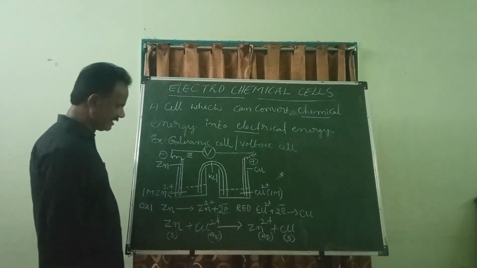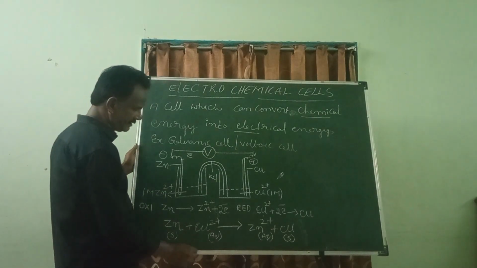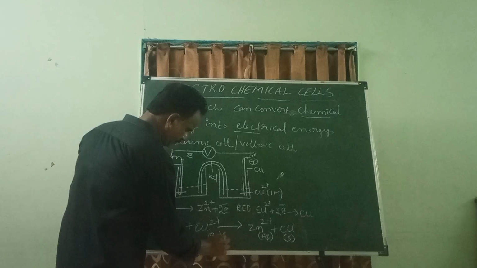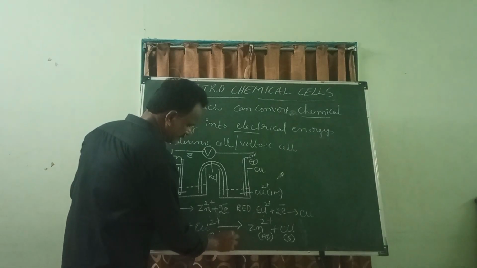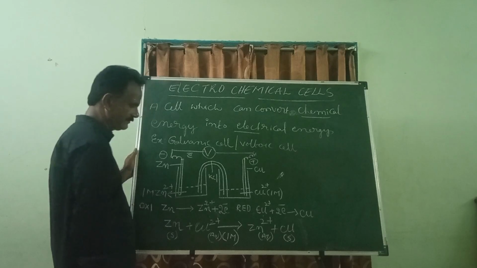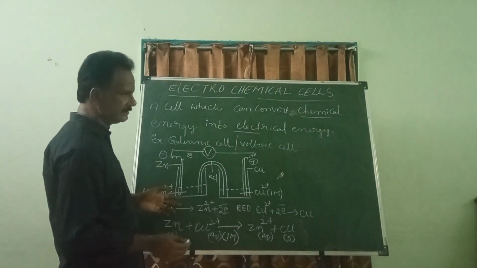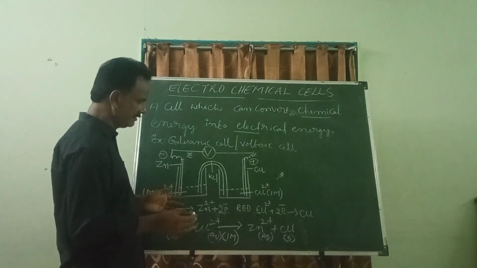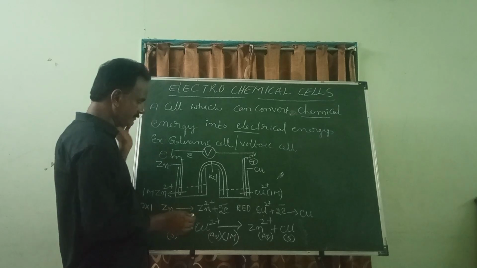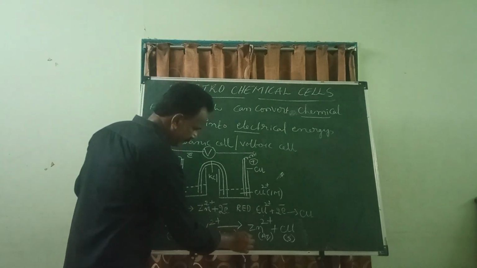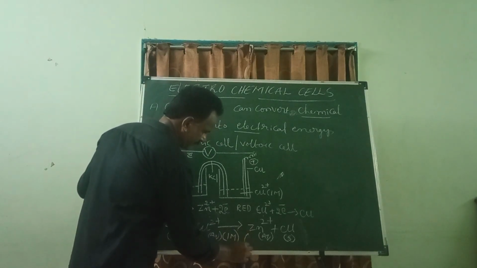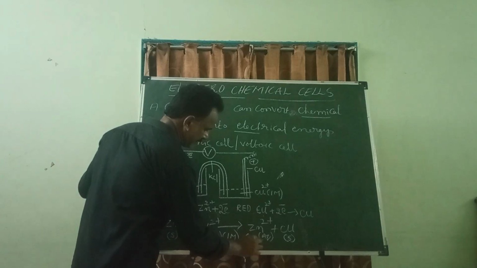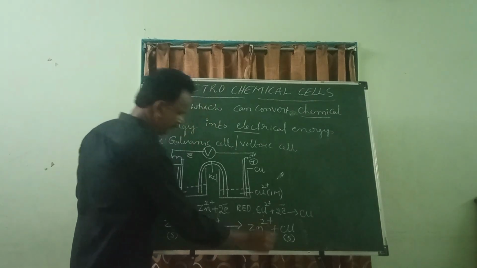The ions which are in aqueous state have to be taken at the same concentration for construction of galvanic cell. That means the electrolyte of cathodic half cell should contain 1M Cu2+ ions and the electrolyte of anodic half cell also should contain 1M Zn2+ ions.